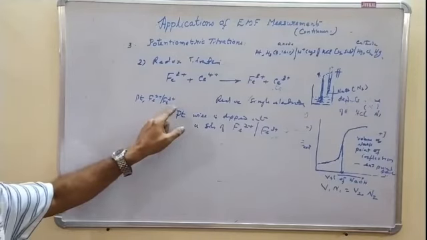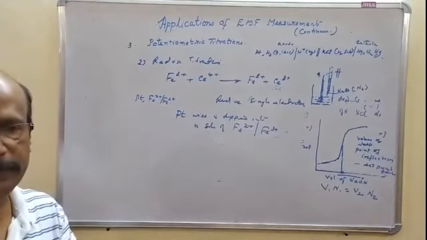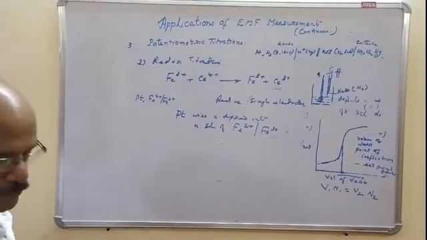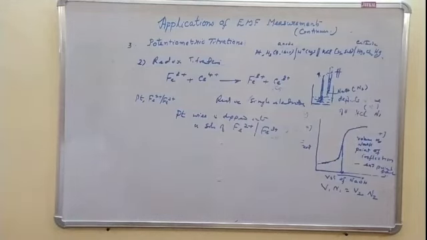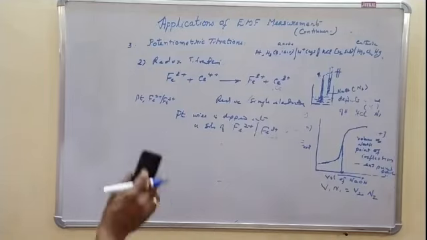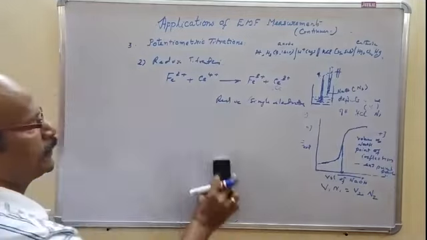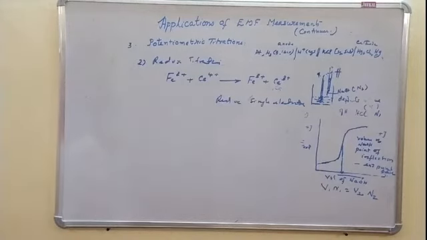This is then coupled with a saturated calomel electrode, so as to form a cell.